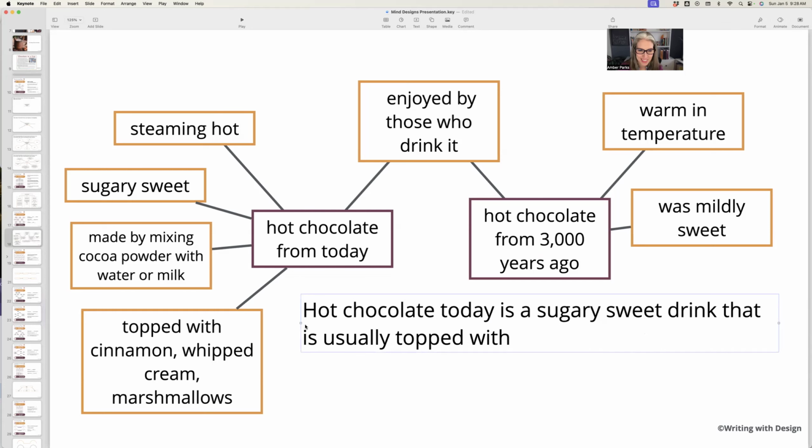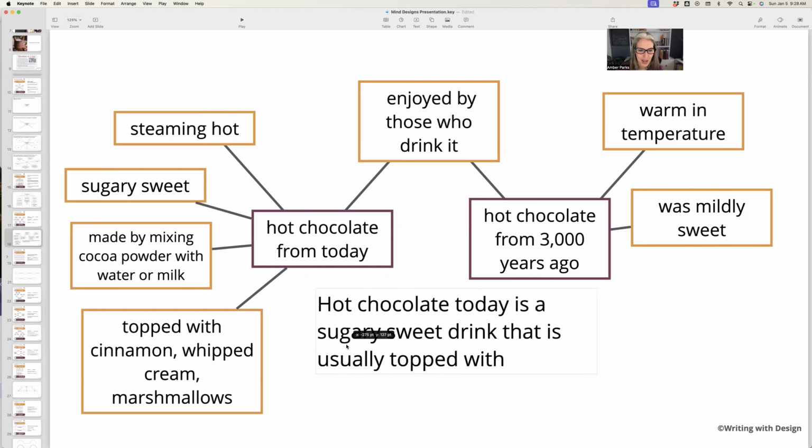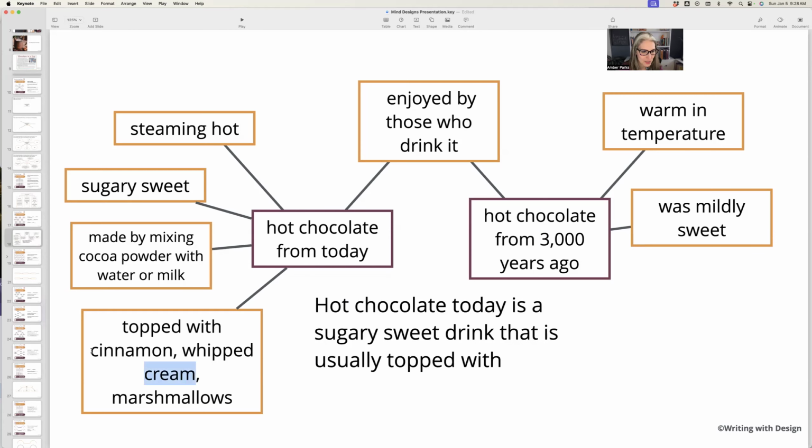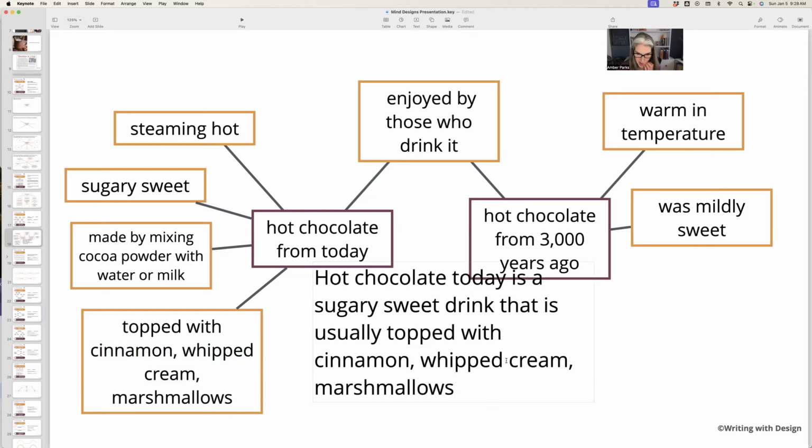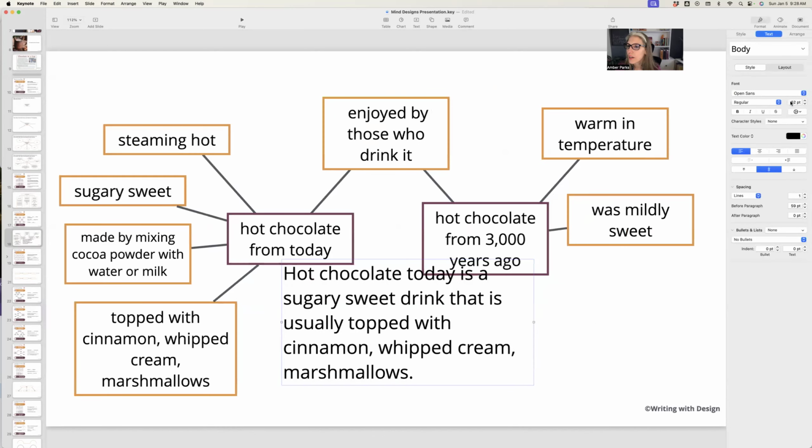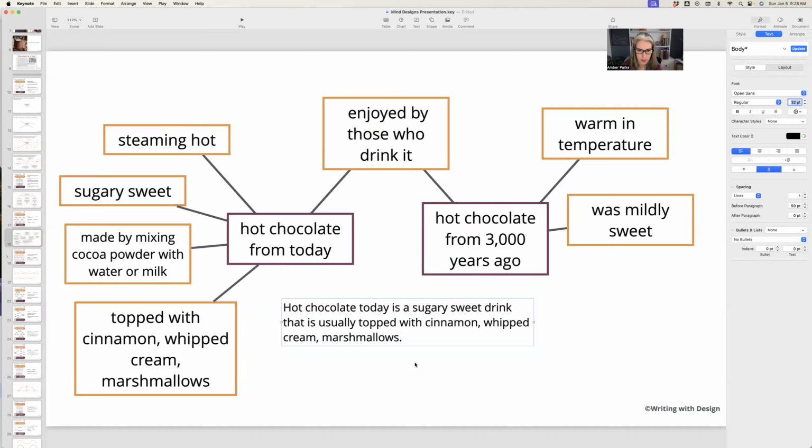See where I'm going with this? Usually topped with, I'll just grab these. Okay, let's shrink this down so we can not run off the page. There we go.